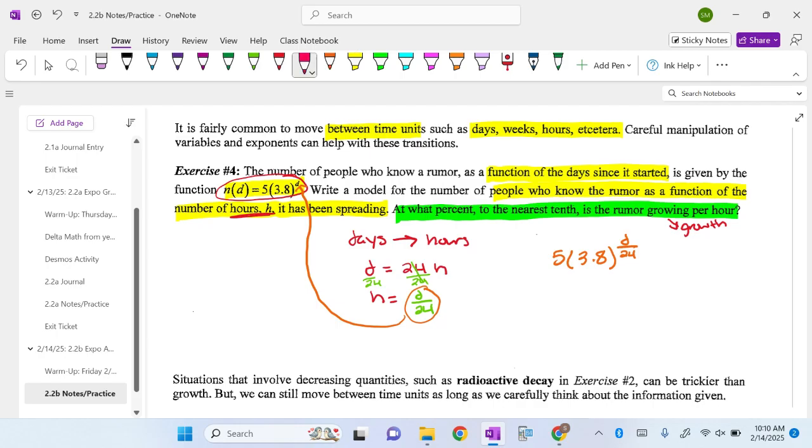So essentially, we're going to say 5 times something, and then we'll be able to raise it to the H power. All right. So if I want this to be raised to the H power, how can I get rid of the divide by 24?